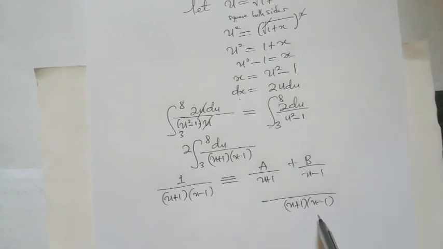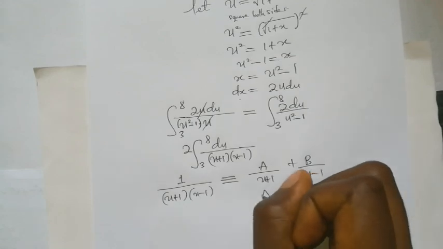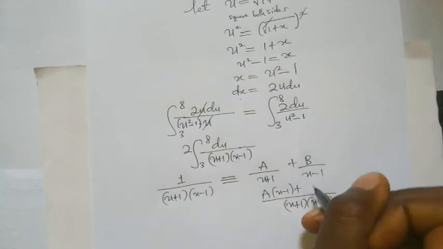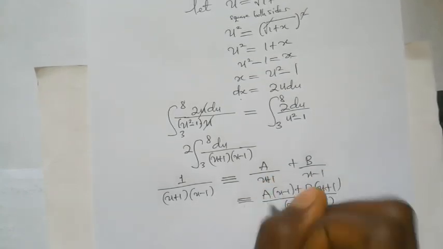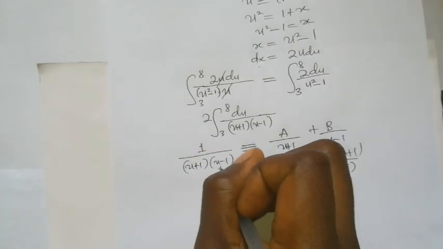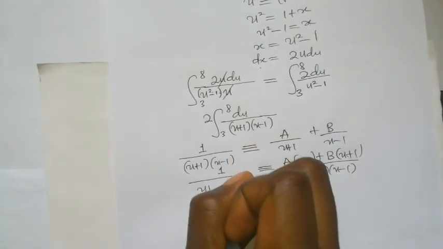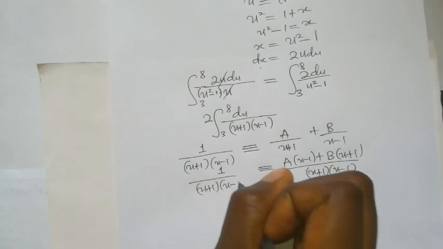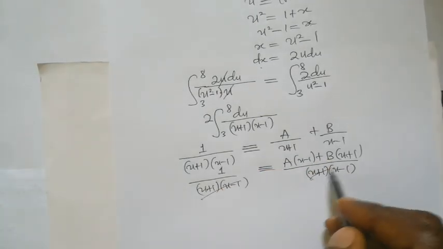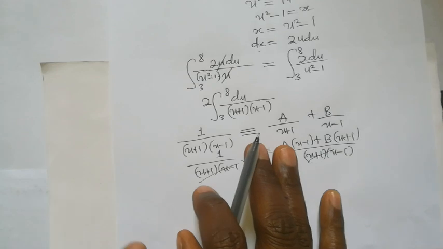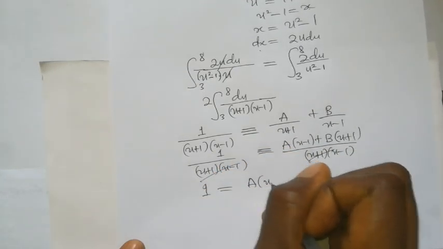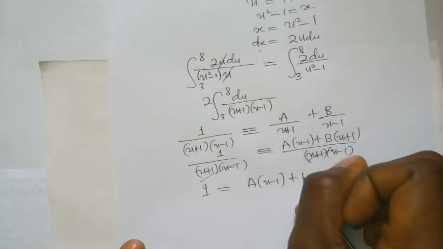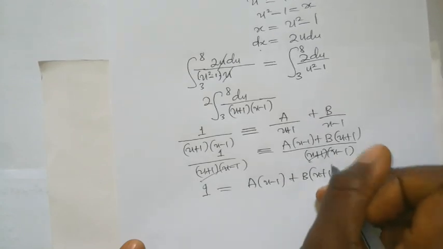So A into this gives A bracket u minus 1, plus B into this gives B bracket u plus 1, and everything is going to give us 1 all over u plus 1, u minus 1. So the denominators will go, and we are now left with 1 is equal to A times u minus 1 plus B times u plus 1.